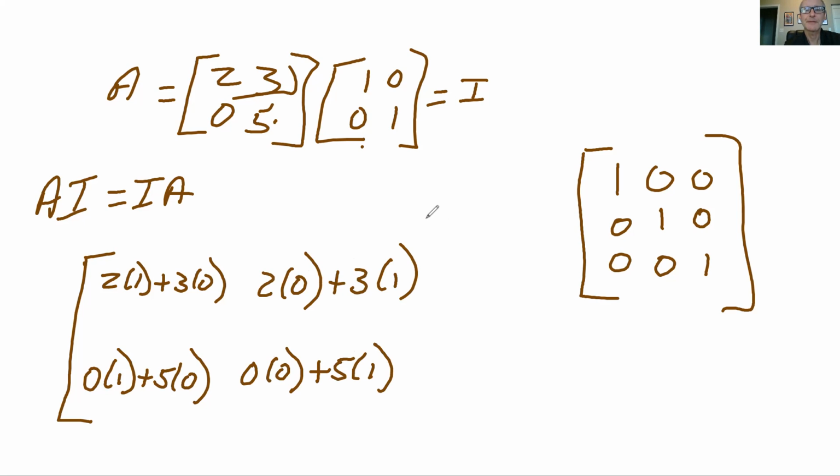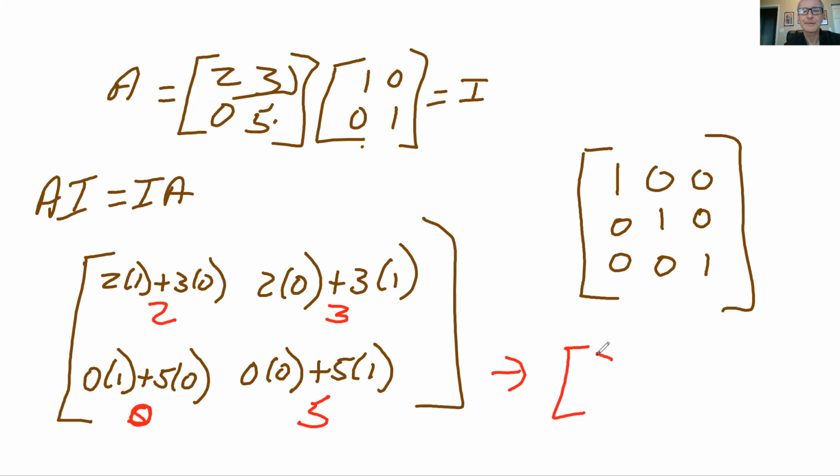And if you add these up, this would be 2 plus 0. This would be 0 plus 3. This would be 0 plus 0. And this would be 0 plus 5. And so you can see that if you did that, we get back the same matrix that we started with. And so that is the definition of the identity for multiplication.